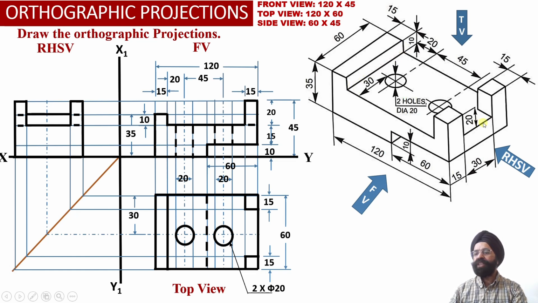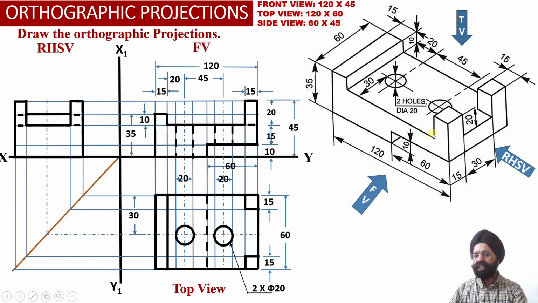Similarly, this is another portion of the web which should have been visible from this side, but 30 millimeter at the center. So this portion is visible to the observer because it is lying on the front side, but this portion or even this portion, 15 millimeter on this side and 15 millimeter on this side, onto the back face of this vertical wall, there is a horizontal surface available over here.